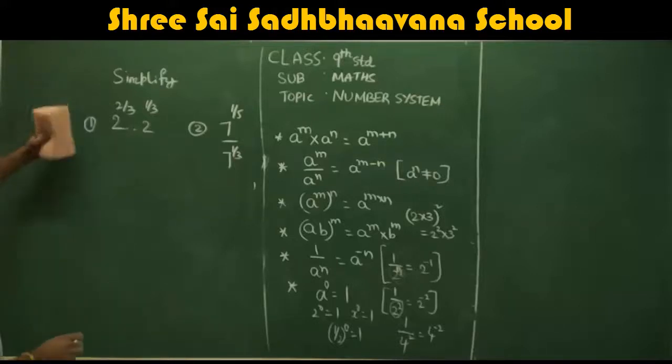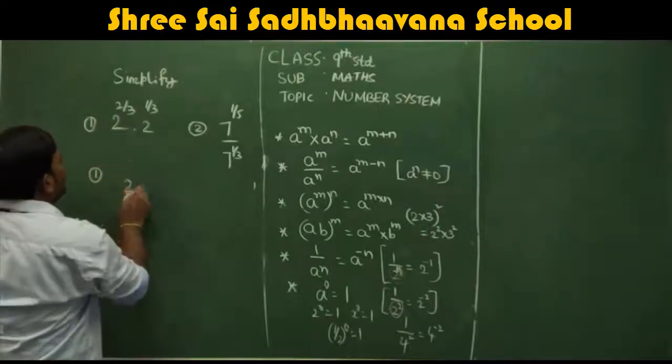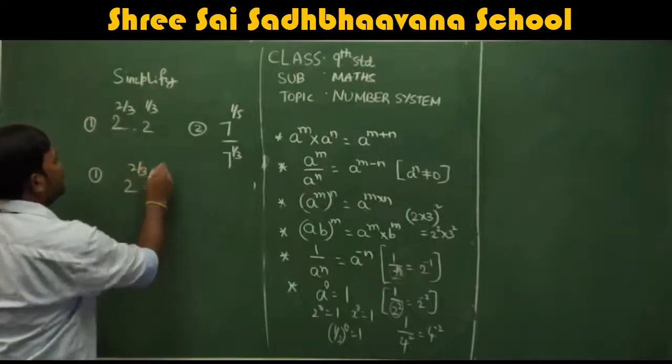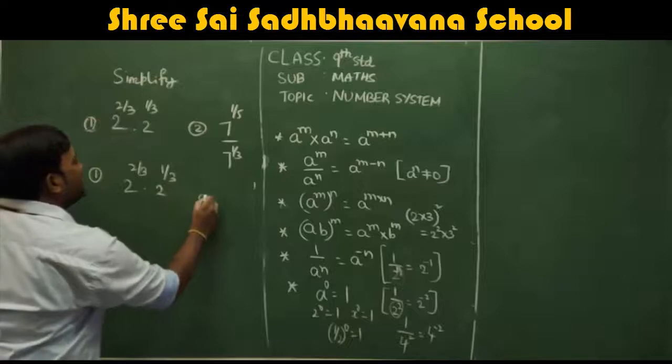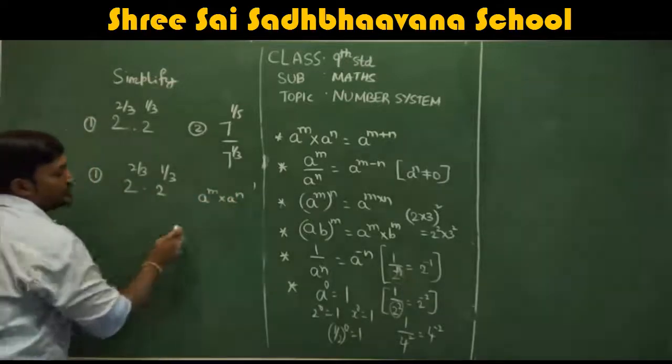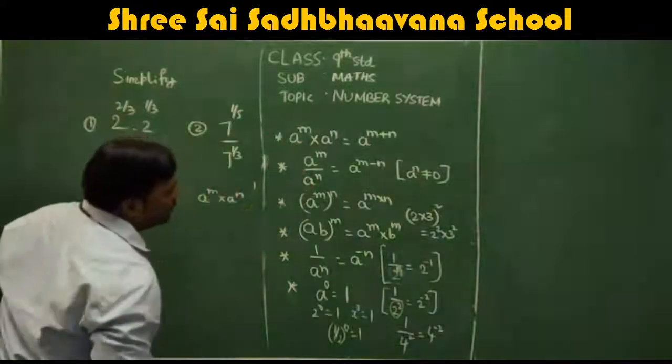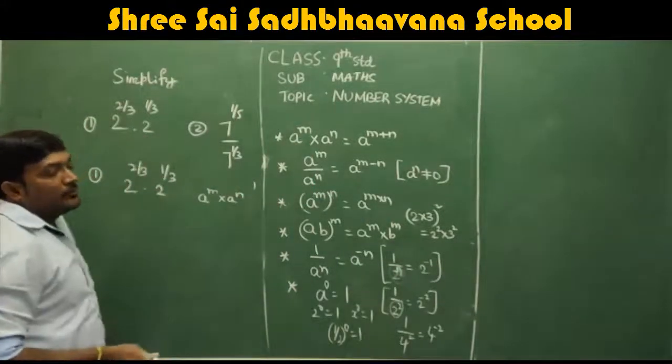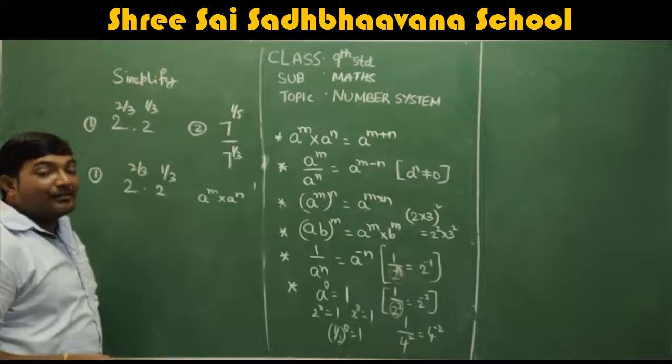Here the first one, if you check, 2 power 2 by 3 into 2 power 1 by 3, is the same as a power m into a power n. Remember, the bases are the same. So it comes under this formula, a power m into a power n, which is a power m plus n.